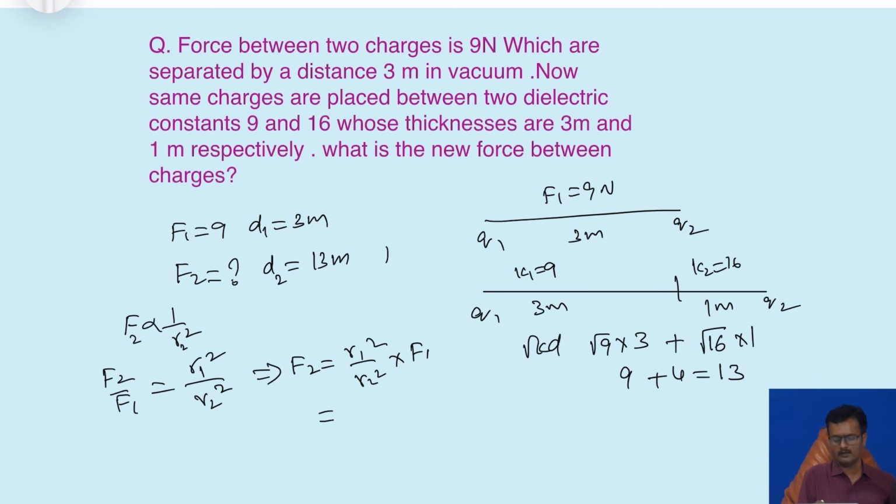Here r1 is 3, F1 is 9, r2 is 13. So 3 square into 9 is 81, divided by 13 square, 169. So what is F2? That is 81 by 169 newtons.